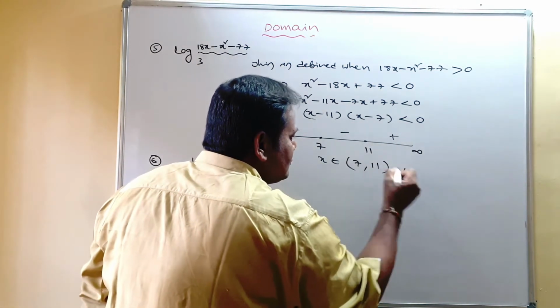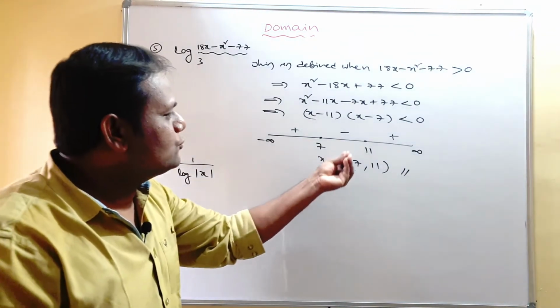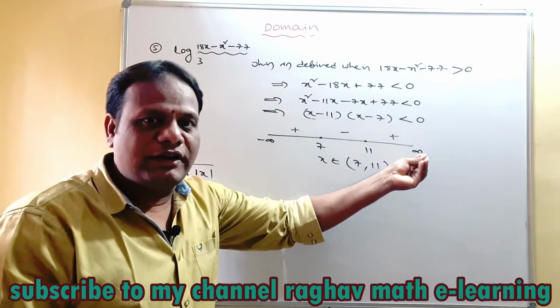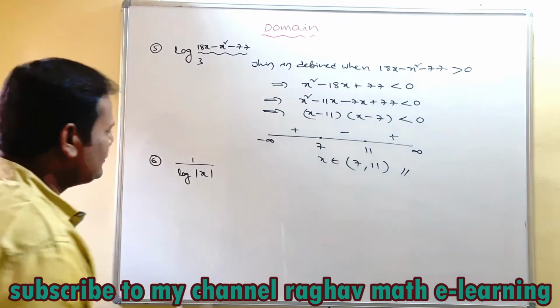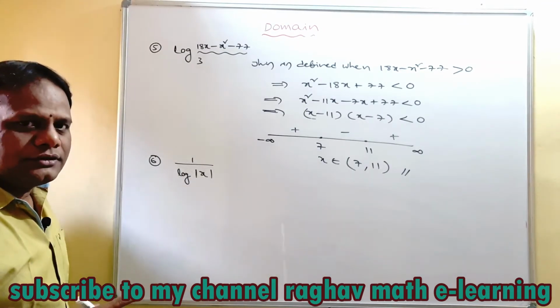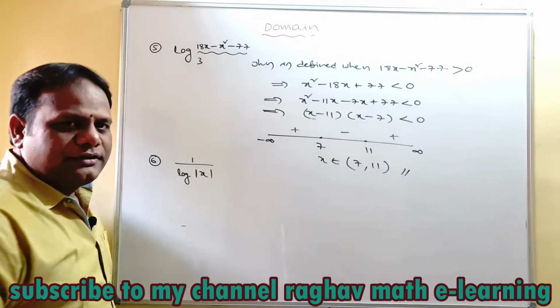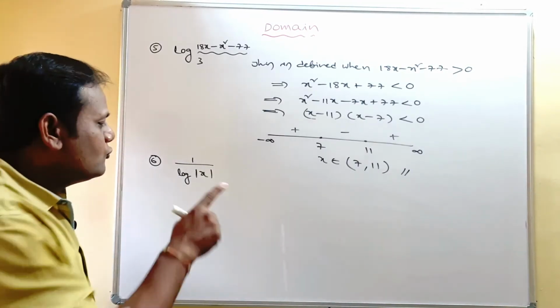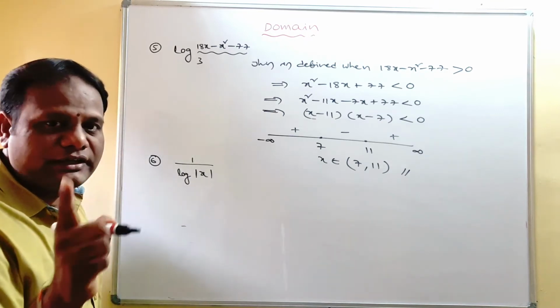So the answer to this problem is x belongs to the open interval (7, 11). Clear? Coming to this, 1 by log mod x. We know that log is defined only for positive values.